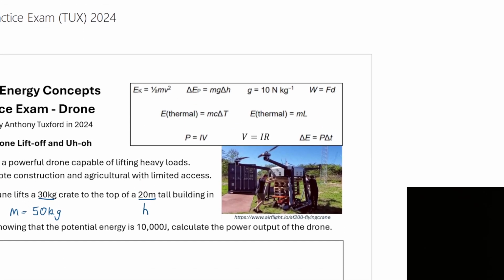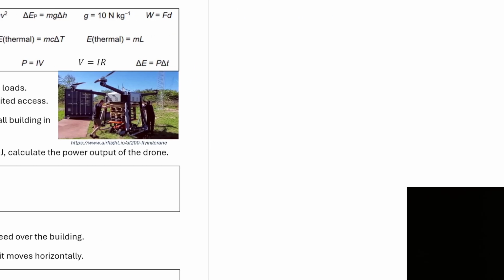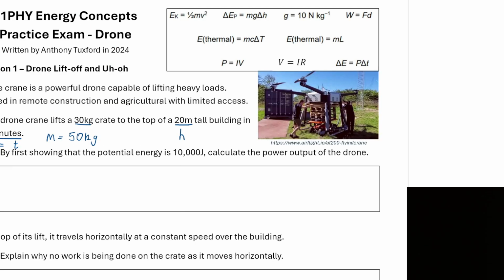Alright, so potential energy. Let's just do a quick side note on potential energy. So looking in the formula sheet, right at the top are the equations for mechanics. And the second one, EP, is our gravitational potential energy equation.